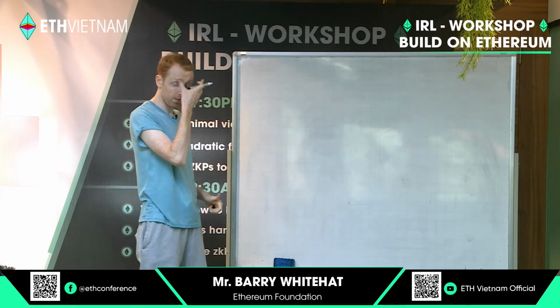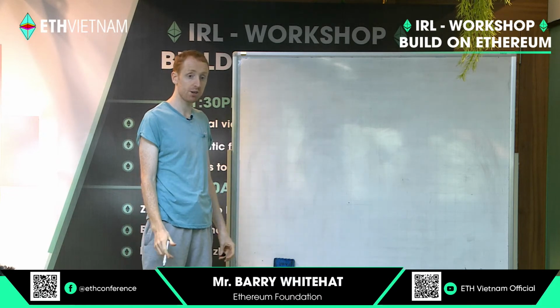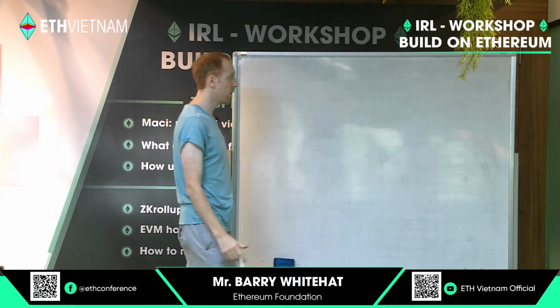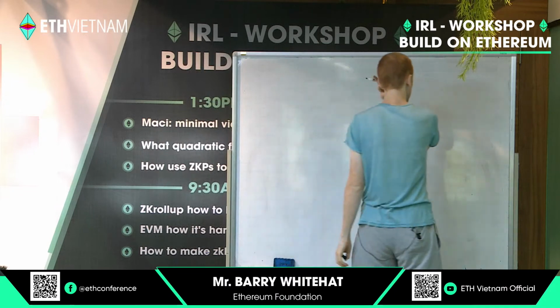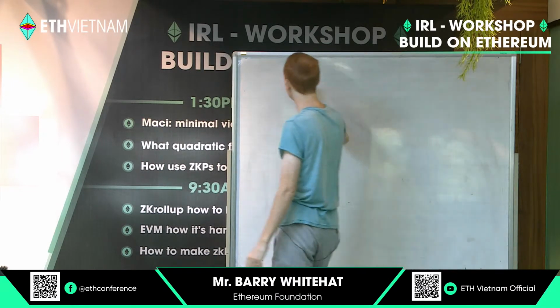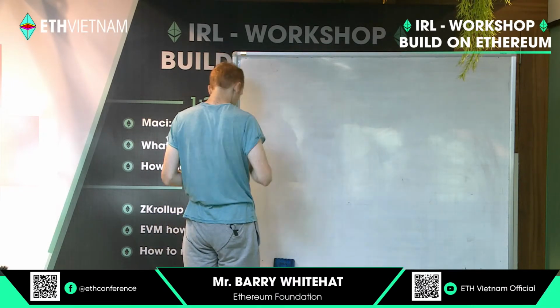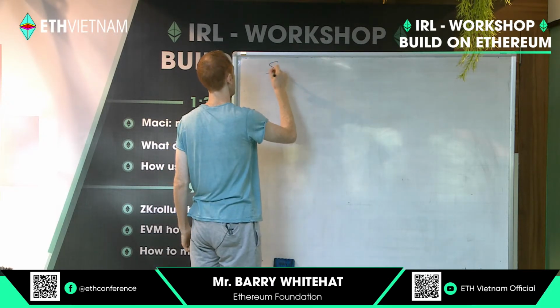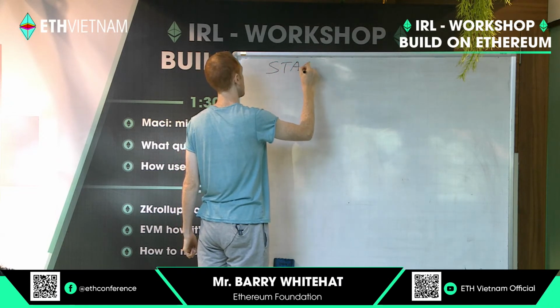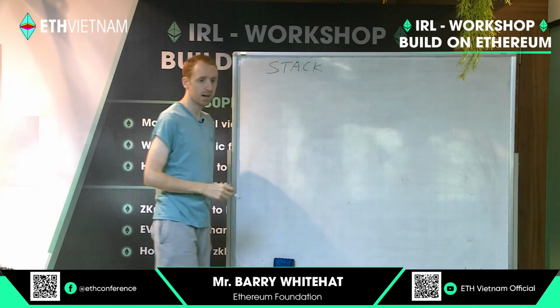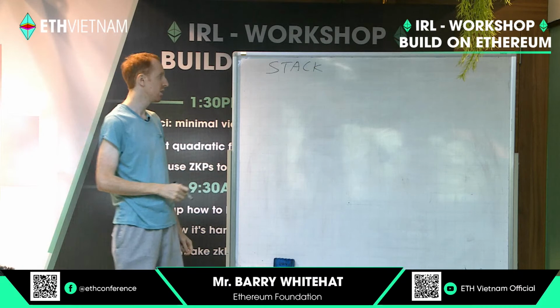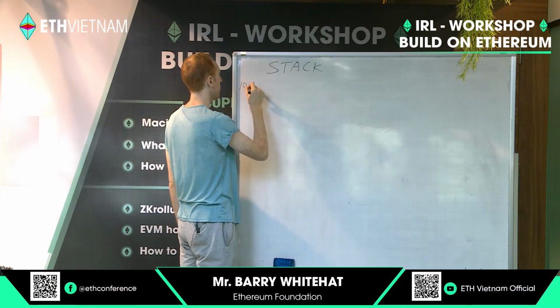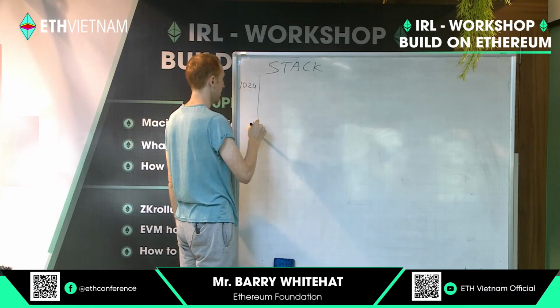So the EVM is basically a stack machine where we have a whole bunch of opcodes. We have a stack, which is sort of a temporary memory. I think the stack has 1024 elements.